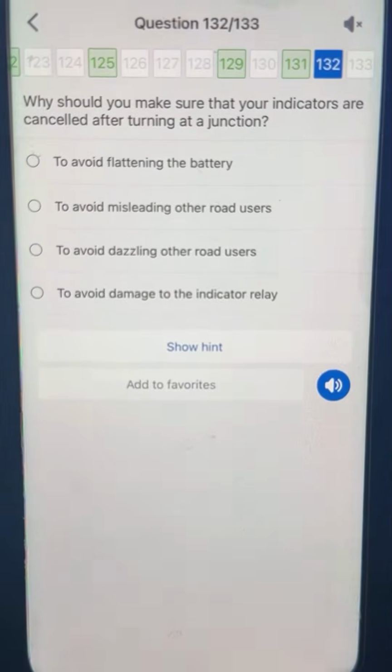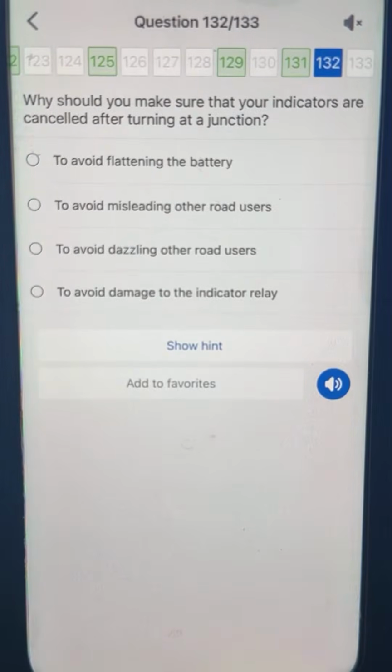you've been driving and you decide to turn left, you give a left signal and you carry on driving, you finish your turn, but the signal is still on, the other traffic will think, okay, this guy may need to turn left again. But you've just forgotten to cancel the signal. You should be cancelling it as soon as you turn in, so you don't give false or wrong information to others. This is called misleading other traffic.